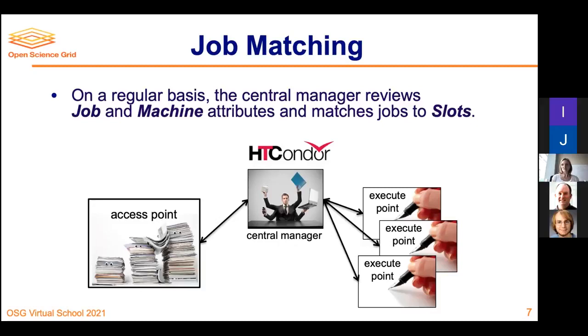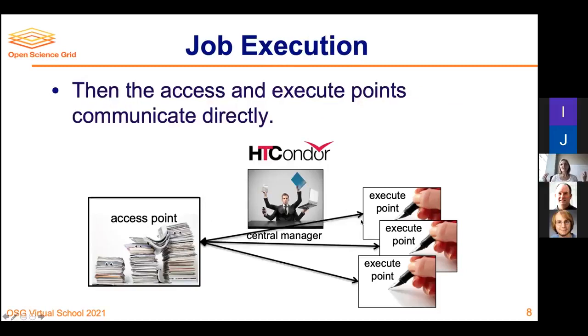In some larger pools with lots of jobs in queue and lots of execute points, it might take several minutes between match cycles. And then after that, the central manager gets out of the way. It tells the access points and execute points which of them are supposed to match up to run jobs. And then everything about the job execution happens just between the access point and the execute point.